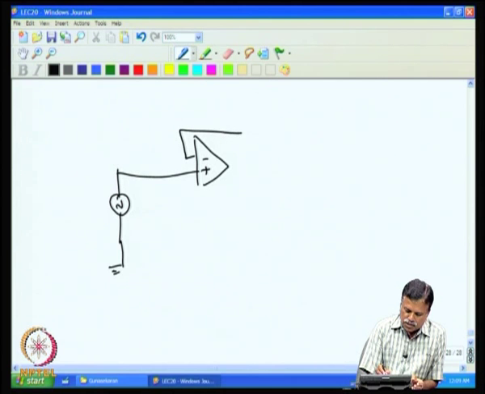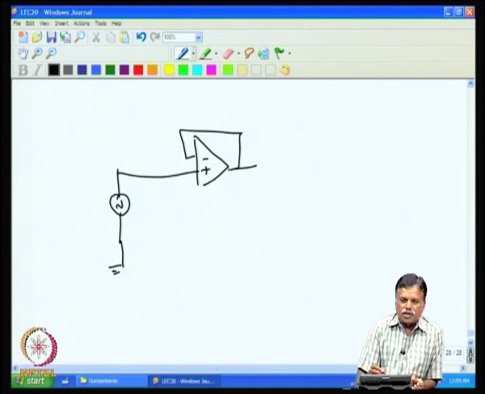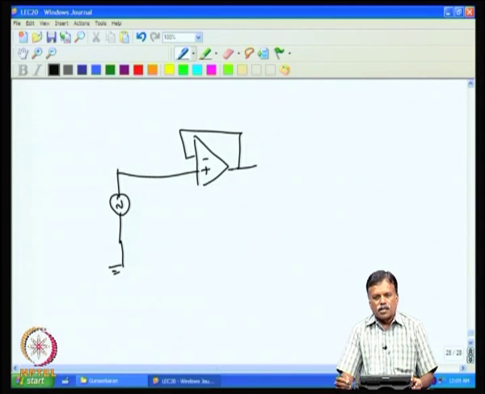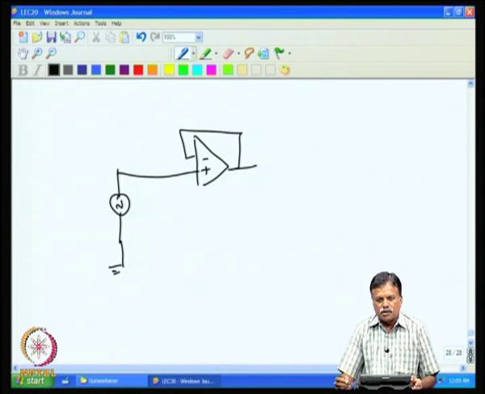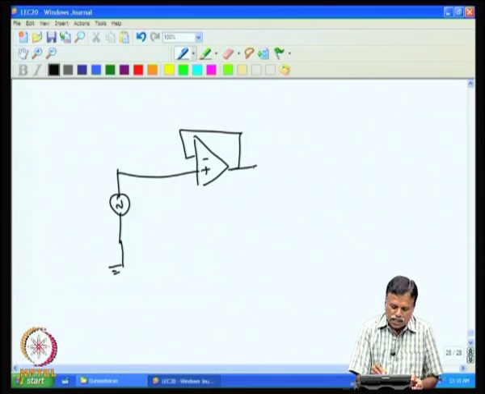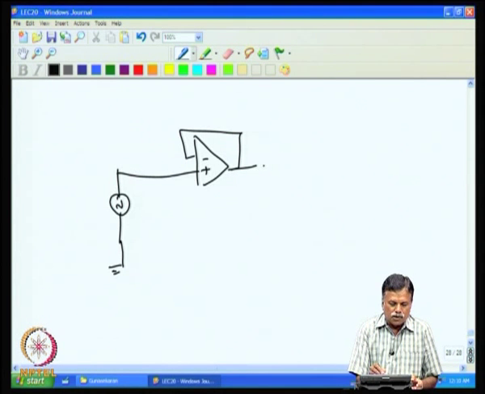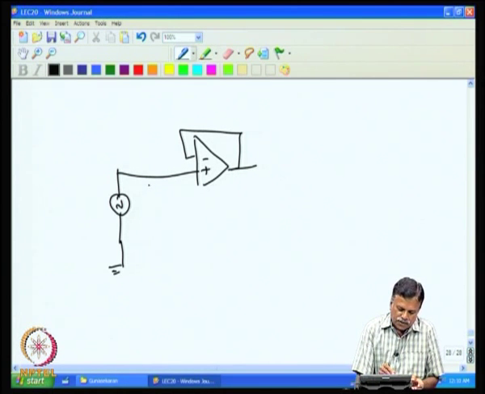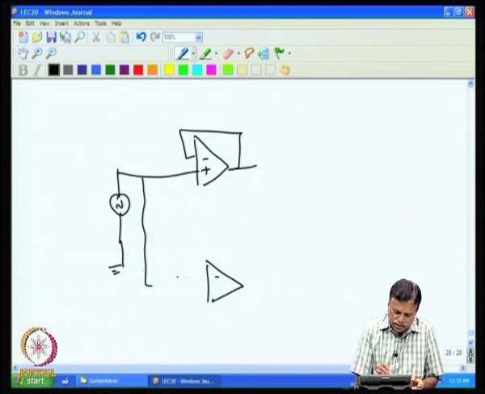Since the output impedance of the op-amp is very low, this qualifies like a transformer output, a low voltage, low impedance source. To get 180 degrees out of phase, I can give this to another op-amp and invert it.